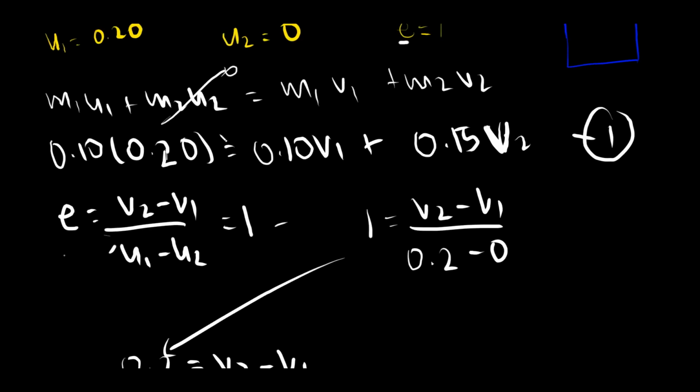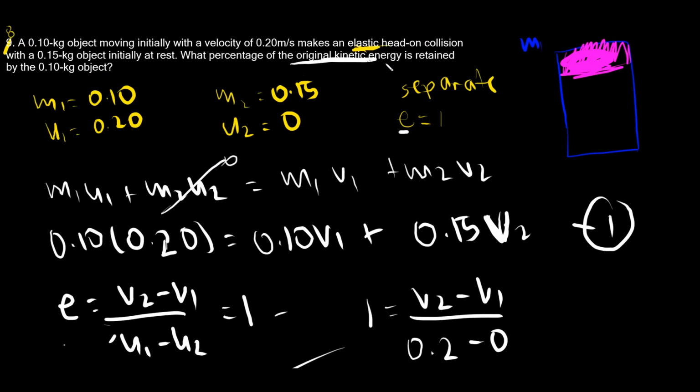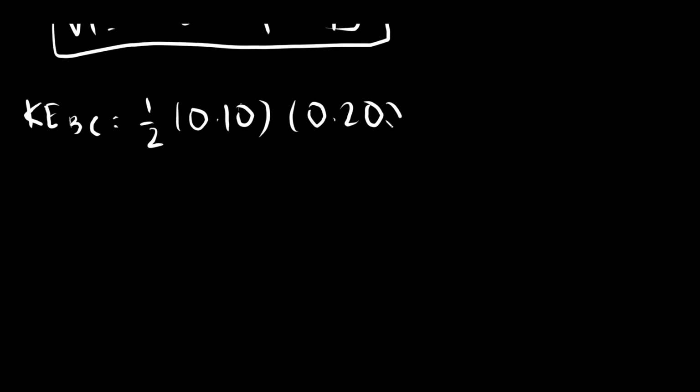What we will get next is the kinetic energy before and after collision of mass 1. Kinetic energy before collision is 1/2 times mass 1, 0.10, times the initial velocity 0.20 squared.